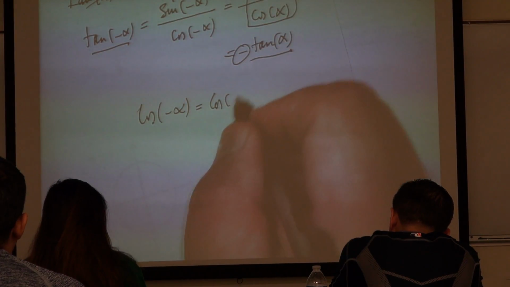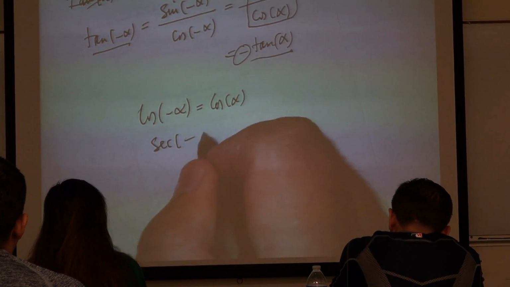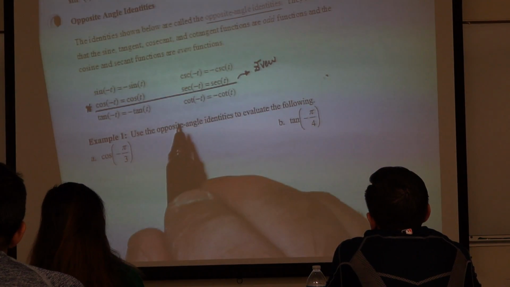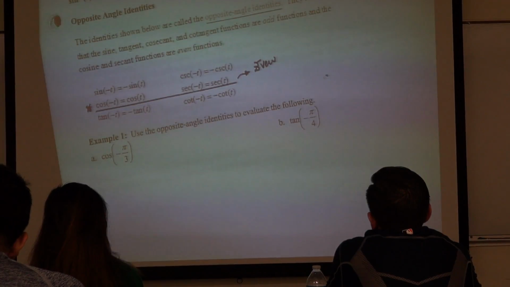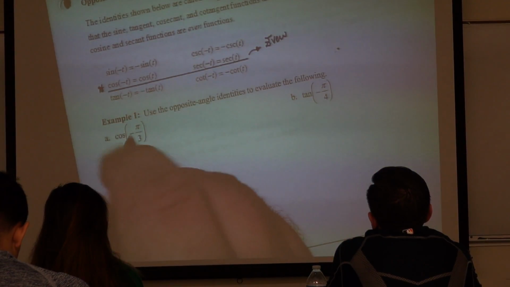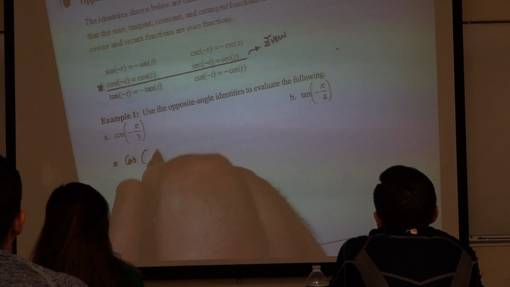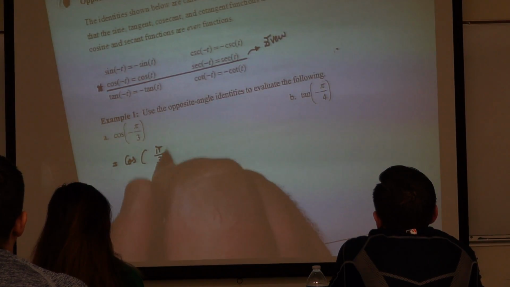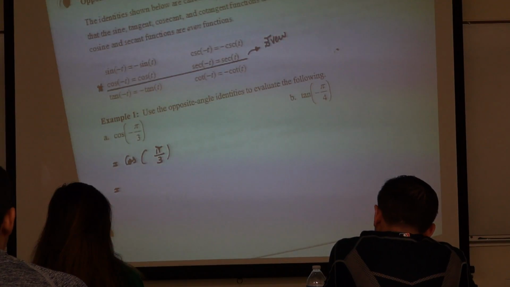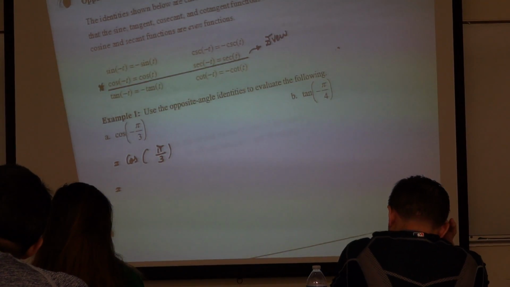And let's see how we're going to use that fact to our advantage. So if I have cosine of negative pi over 3, that's the same thing as cosine of pi over 3. So this is how you're going to remember.